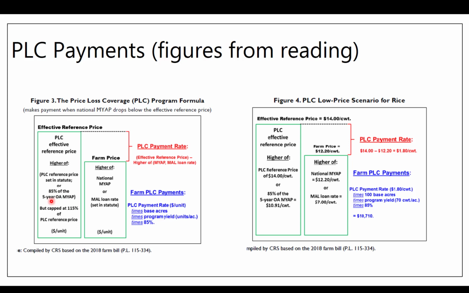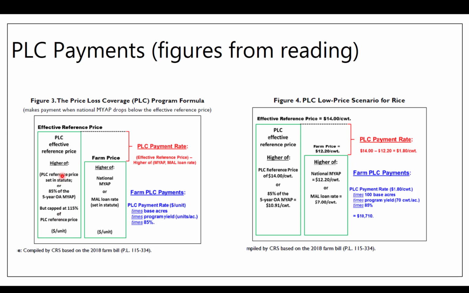Okay, and so basically what we're going to do is look at 5 years' worth of prices that precede us. We will calculate the average of the 3 remaining prices when we throw away the largest and smallest value to get the Olympic average, and then we're going to calculate 85% of that, and that'll be our protected price level. And then we have one final thing to check. It has a cap.